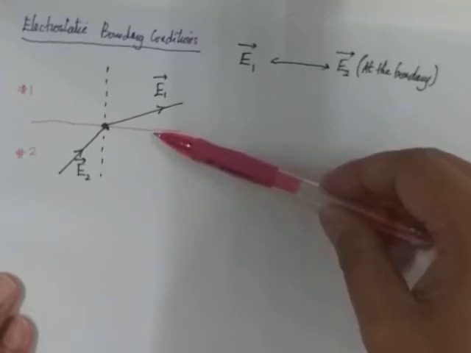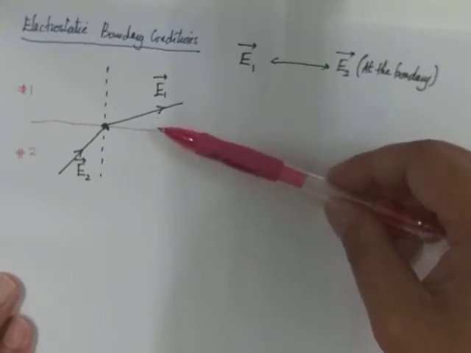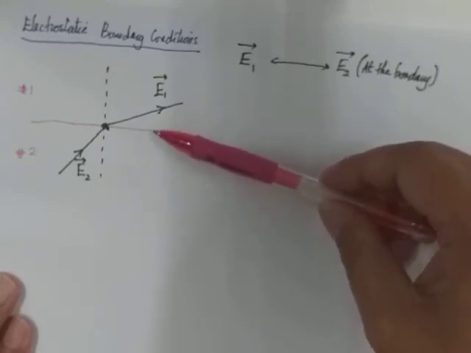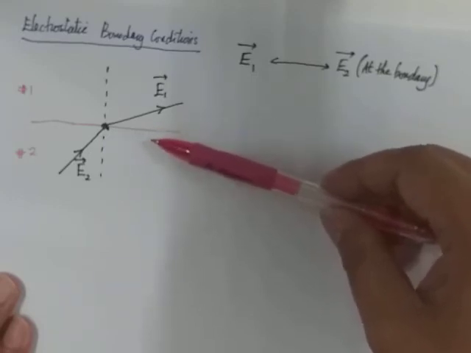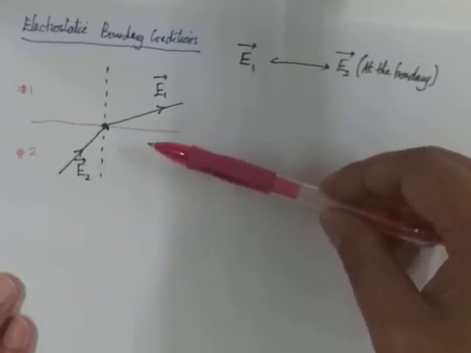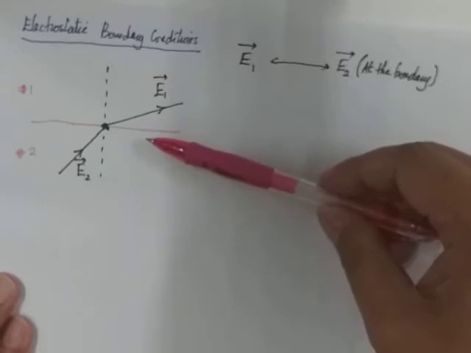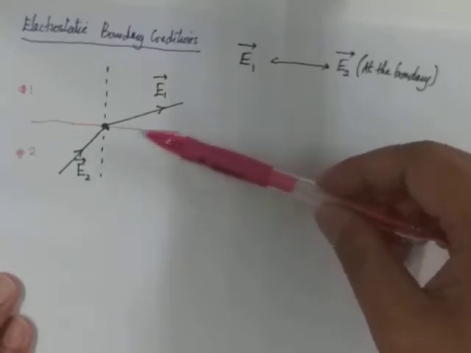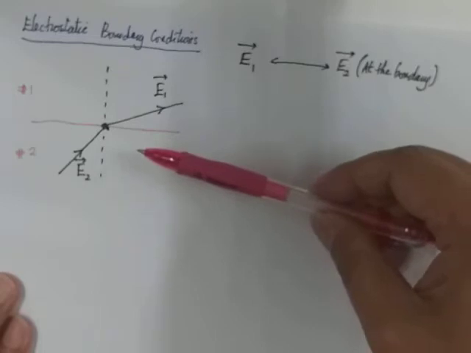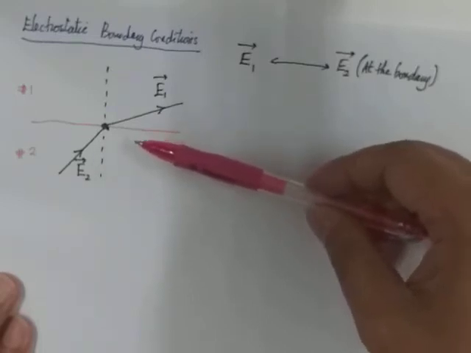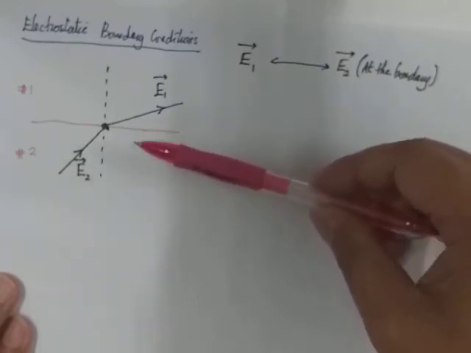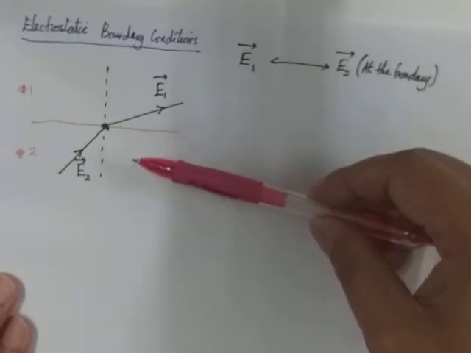And second, the parallel field that we call the tangential component to the boundary always remains the same. Regardless of how you change the position of the boundary, the normal always remains normal. Why? The angle always remains 90 degrees. Similarly, the parallel component always makes an angle of 0 degrees to the boundary.